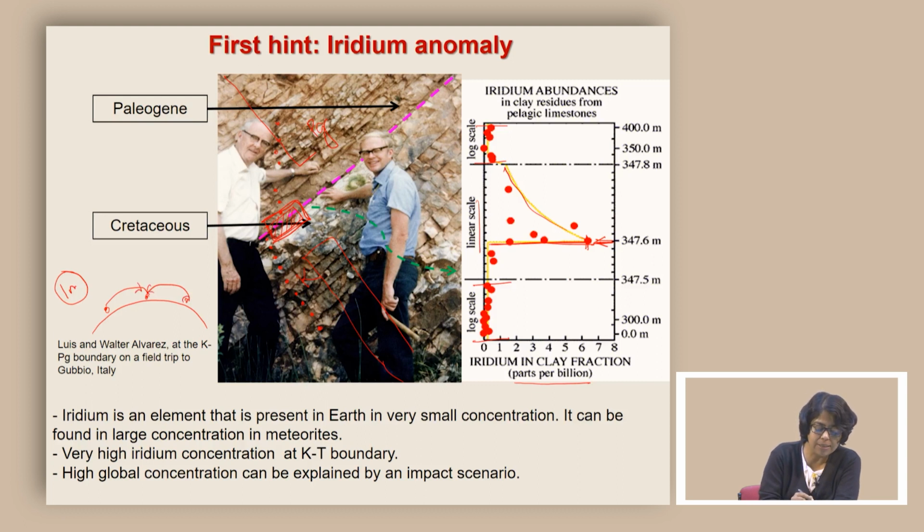But if that is the case, then if we do the same measurements globally, we should find a lack of iridium elsewhere, and only this part has a high concentration. That is one hypothesis.